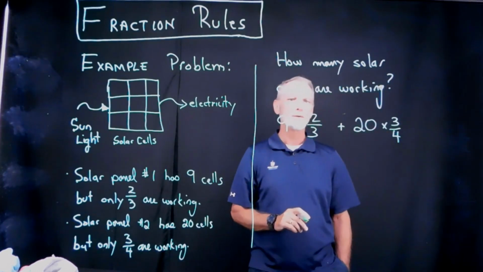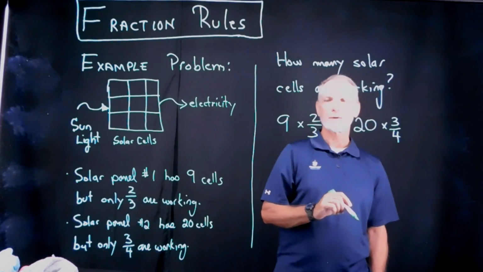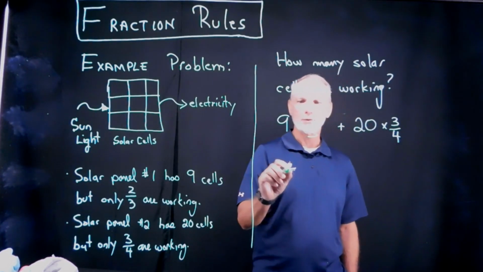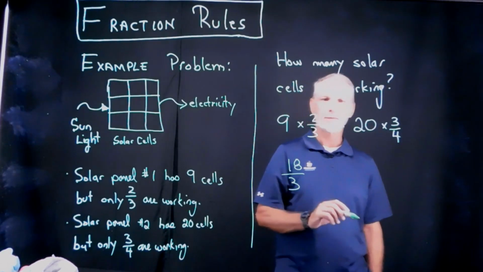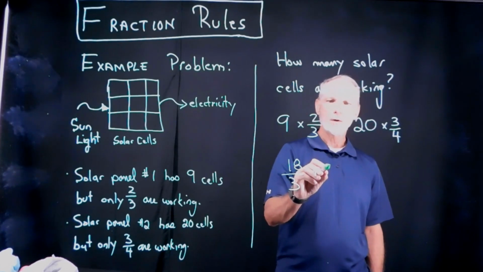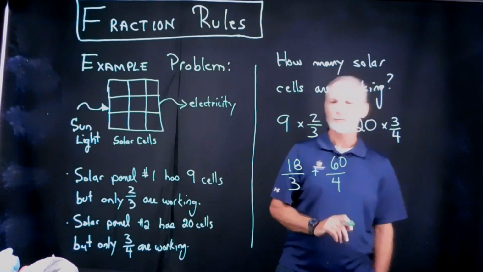We can do each of these pieces of math individually and then add them together. In the first case, we have 9 times 2/3, so we get 18 over 3, plus 20 times 3 over 4, which gives me 60 over 4.